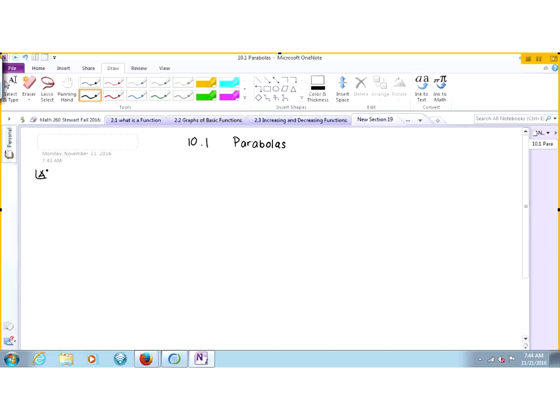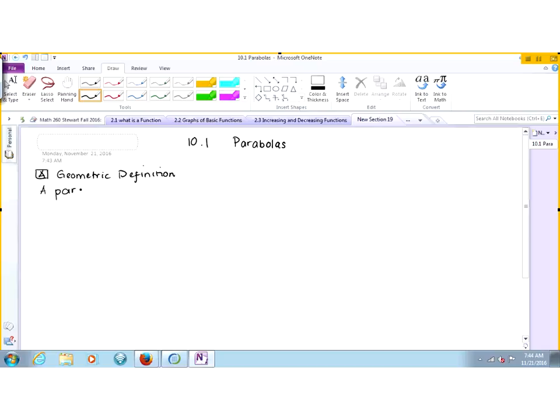So this is the geometric definition of a parabola. I have to turn it off. Silent it.